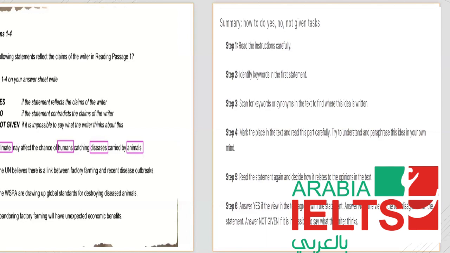And then when you tackle the statement, select your keywords, which are the words that often have synonyms or similar meanings in the reading passage. And if you have any factual information, try to underline it so you can differentiate it from other words in your mind.